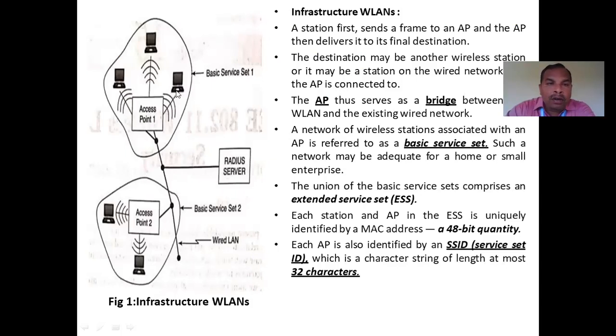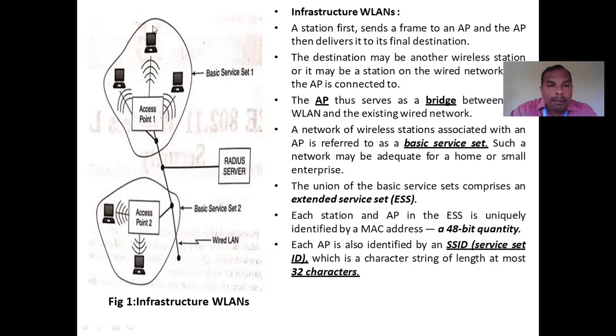In this figure, we have three computers, all connected together through a point called an access point. The computers along with the access point form basic service set 1. Similarly, we have two computers connected to access point 2, which forms another set called basic service set 2.